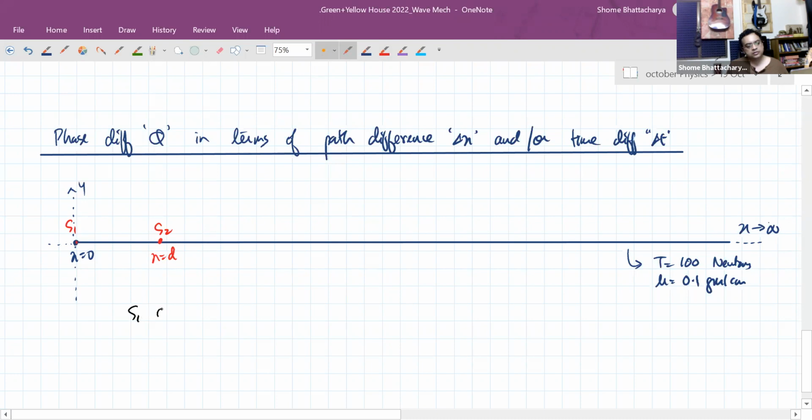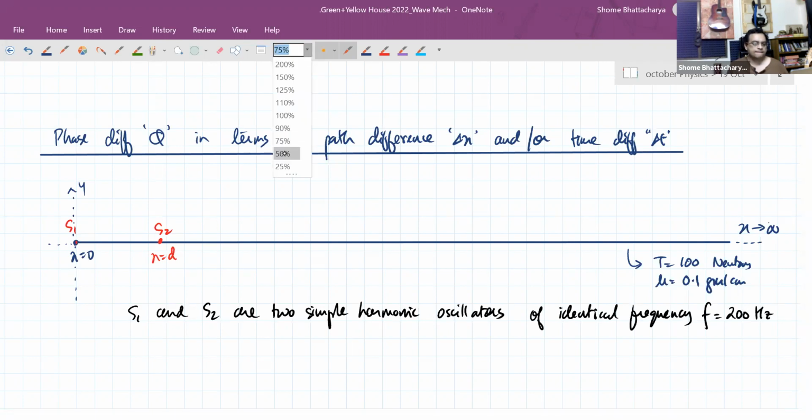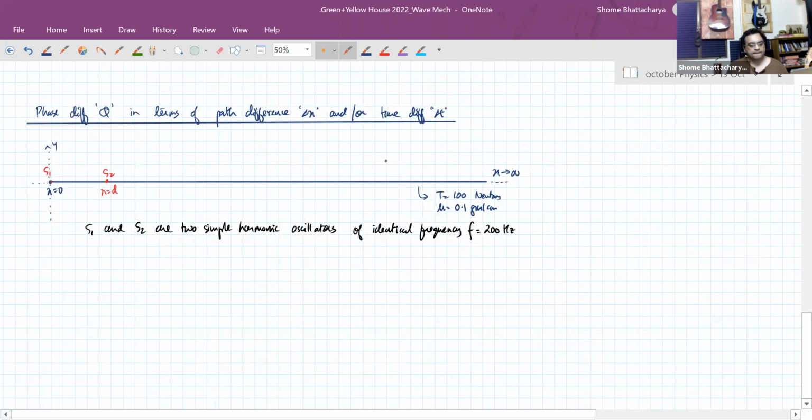So S1 and S2 are two simple harmonic oscillators of identical frequency, say 200 hertz. Or let's say the frequency is in fact 50 hertz.